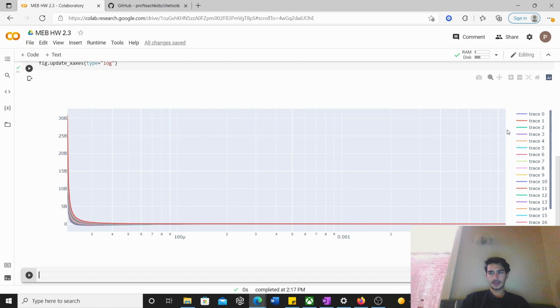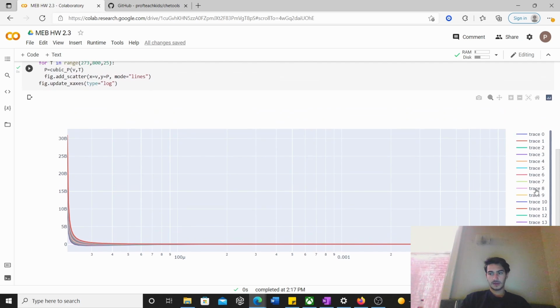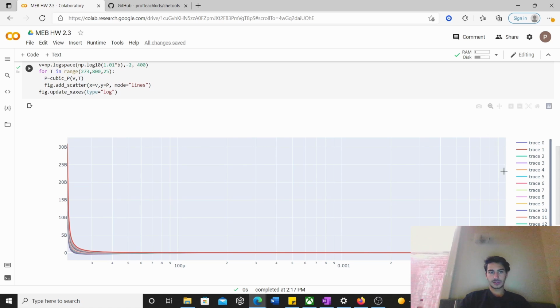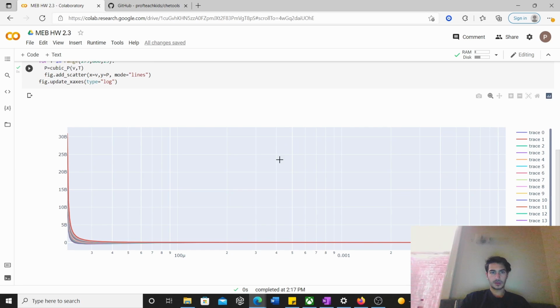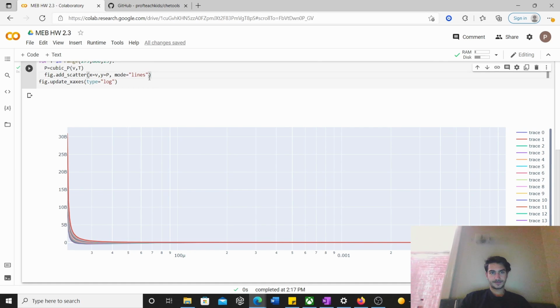So you can see on the right hand side we have many different traces, but we don't know what these actually are. So what we're going to want to do is name these so we better know what each line indicates, what each line represents.